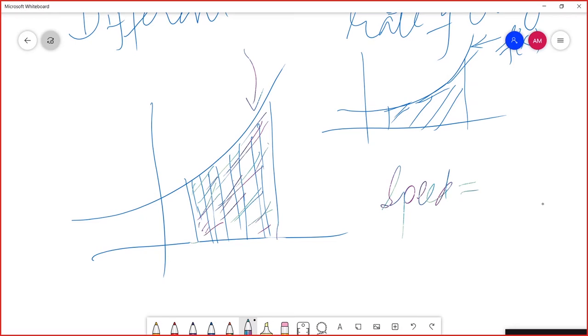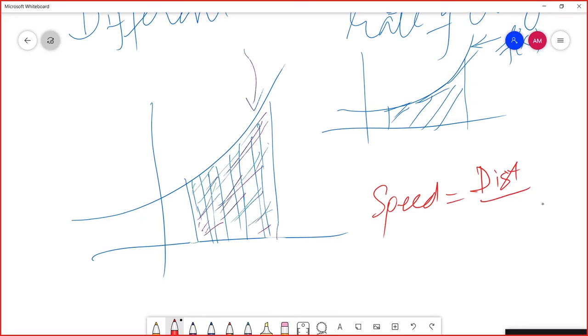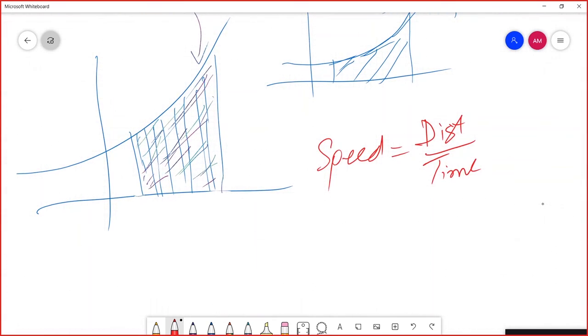Speed is distance over time. For example, if I say this is speed and this is time, and someone is going like this.